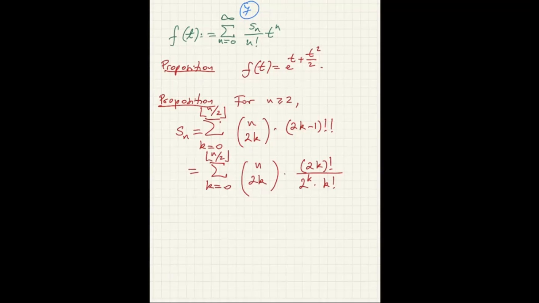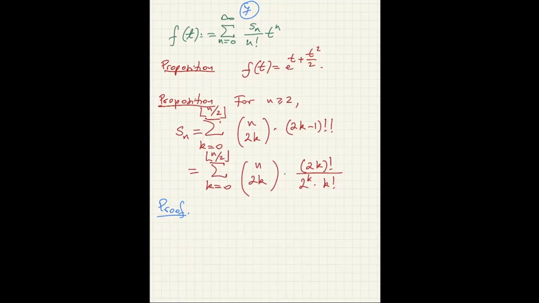Now, how do you prove these results? Where does it come from? When we are counting the number of involutions of order n, we first choose the set on which we have disjoint cycles. Those cycles are transpositions, they're pairs.